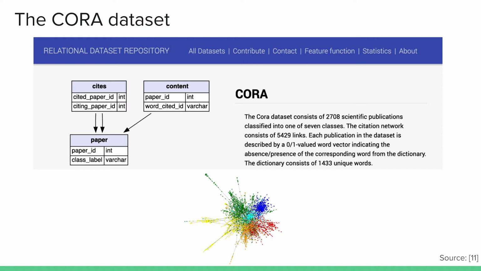Again, this naturally looks like a graph, so you have influential papers that have a lot of incoming citations, and then you have other papers that form clusters where they're all citing each other. So in this dataset, 2,700 publications and around 5,000 links.